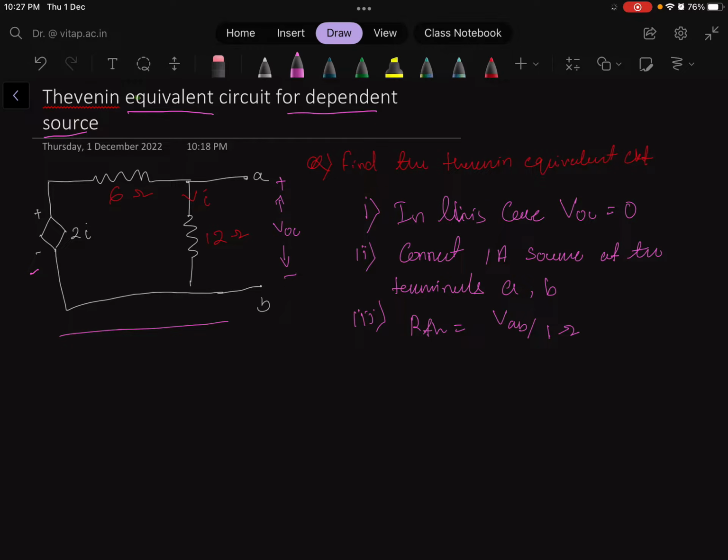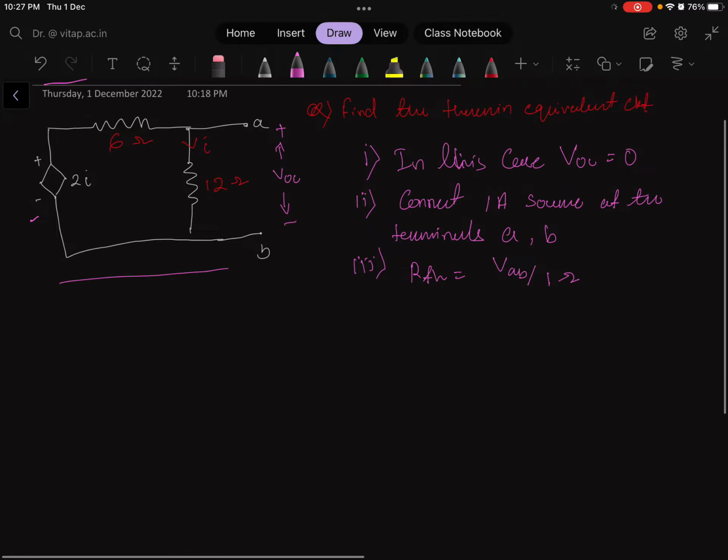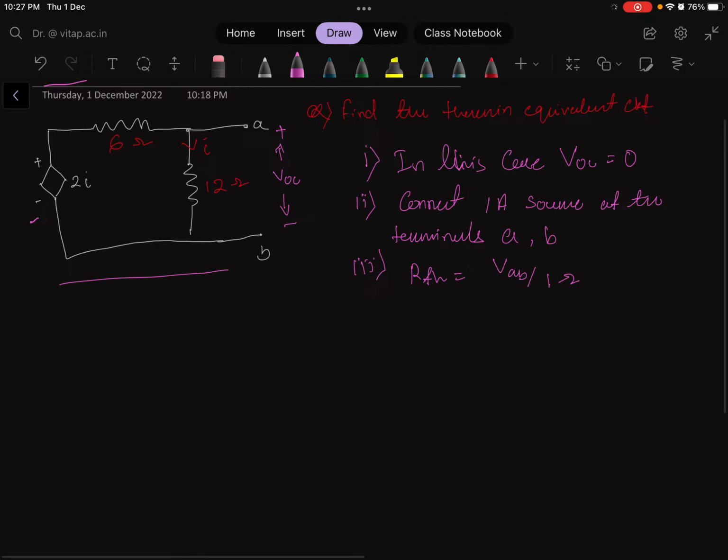So, how to solve this? In this case we have to connect a 1 ampere current source to the terminals A and B. So, if I redraw the circuit with the 1 ampere source connected, this is how the circuit will look.